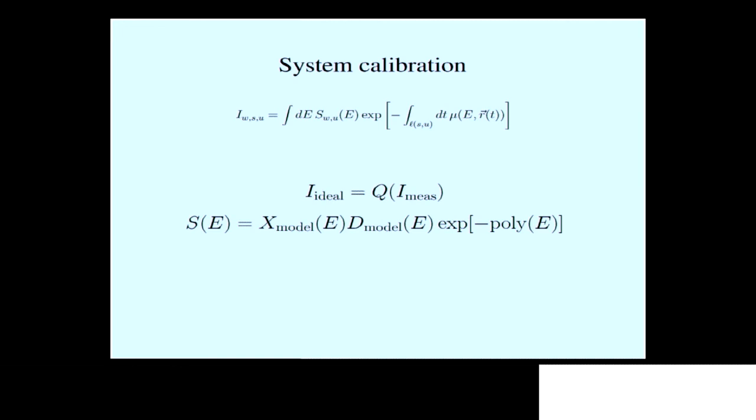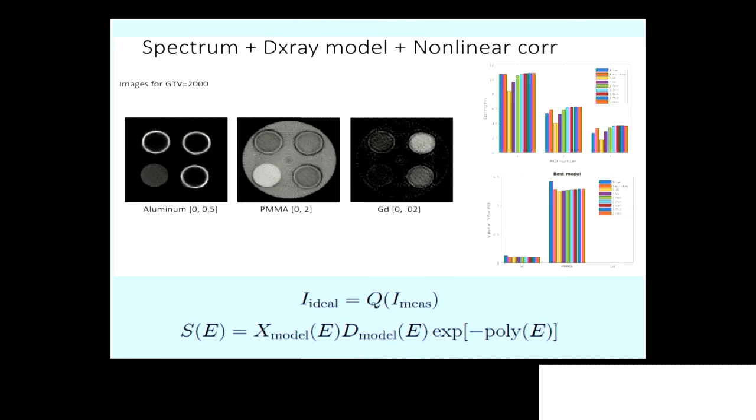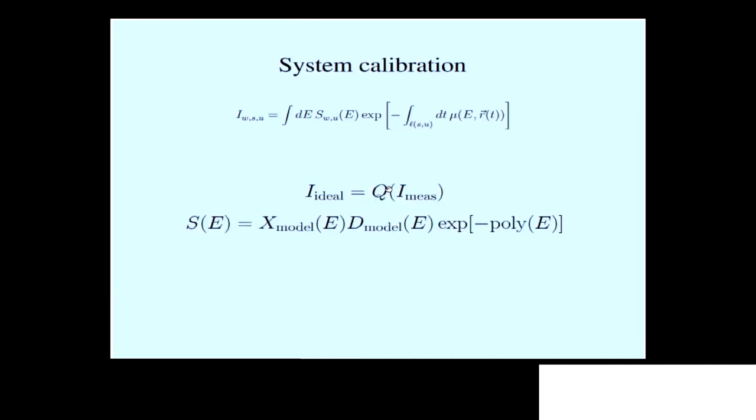And from those measurements, we get the parameters of this model. If we do that, we ended up getting much better quantification in this 3 materials case. But this is still, you know, an open problem here, how best to deal with the spectral calibration.